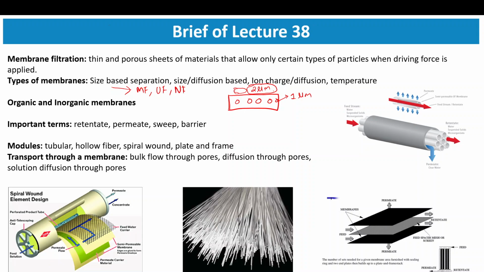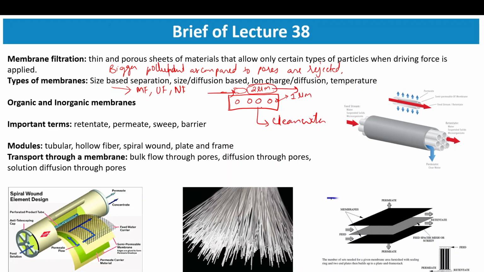So here what happens is bigger pollutant as compared to pores are rejected, right? So in this manner pollutant can be removed. Now water has obviously smaller size, so water molecules can pass through these pores and you can get clean water here, and there will be some reject.